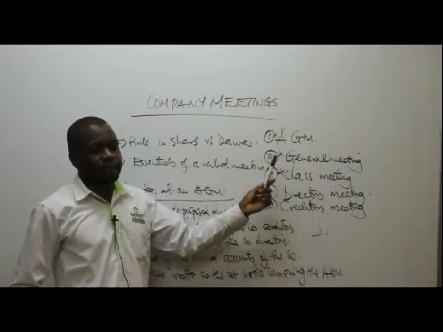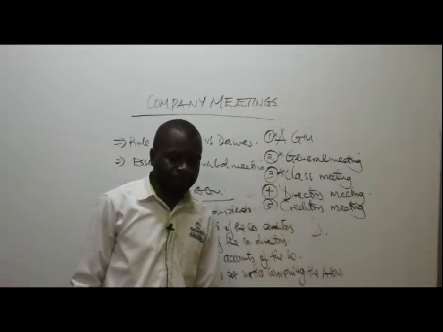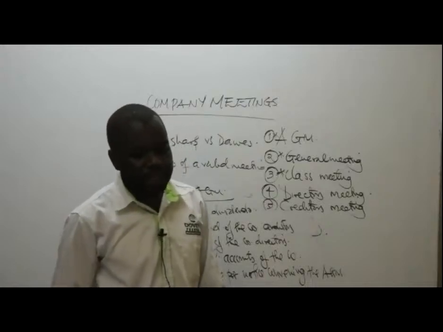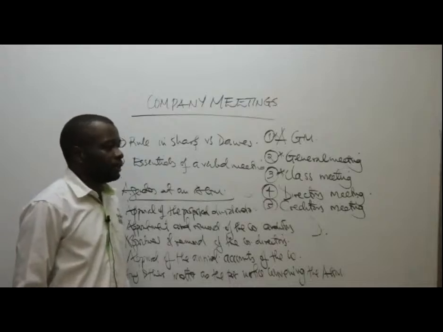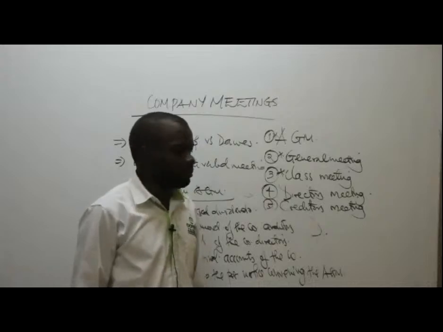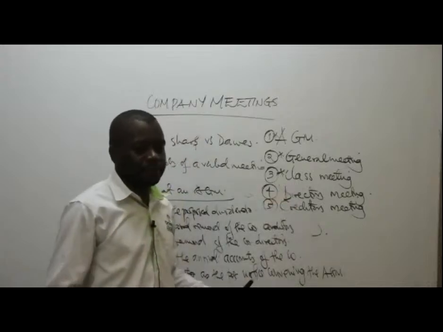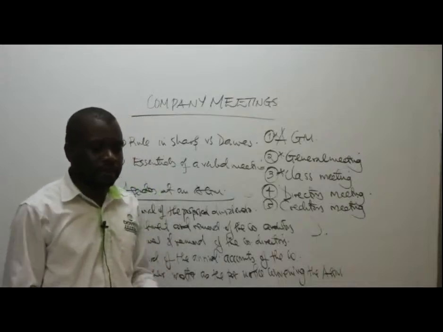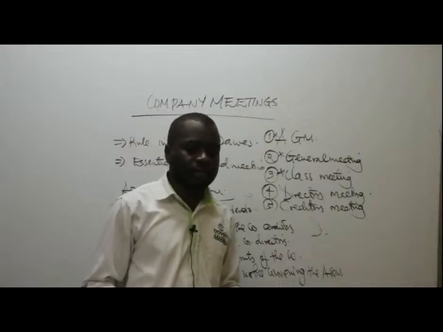It is any meeting other than the AGM convened for the purpose of discussing matters of urgency in the company which can't wait for the AGM. It can be convened anytime, so long as there's something very important to be discussed in the company.